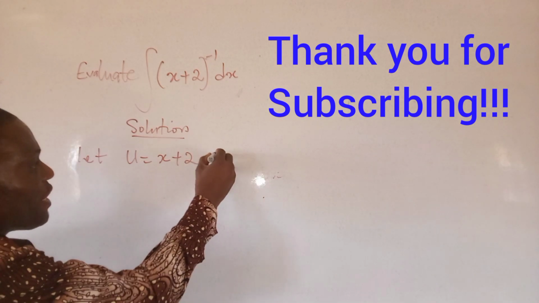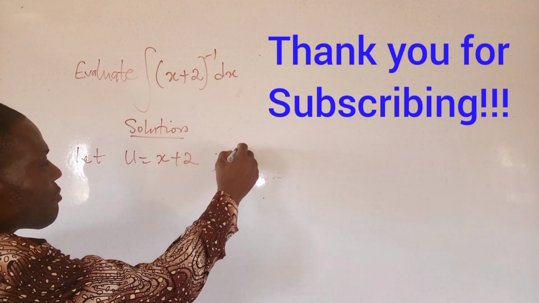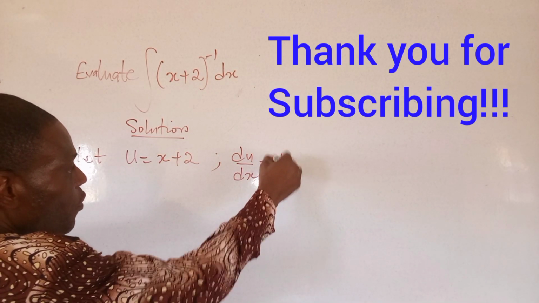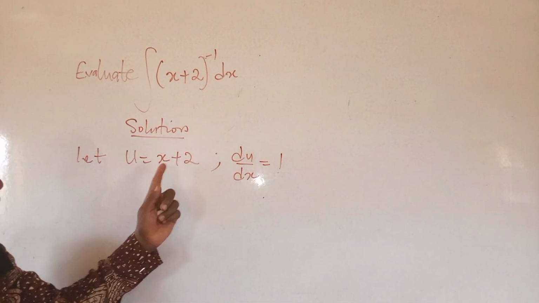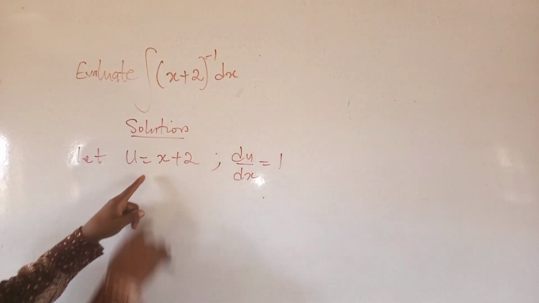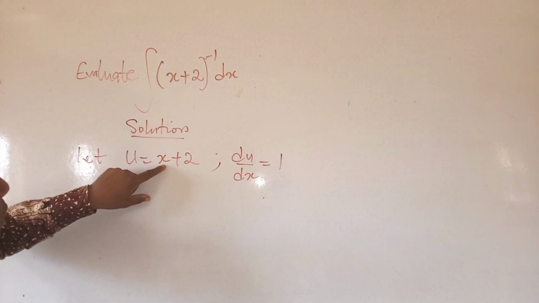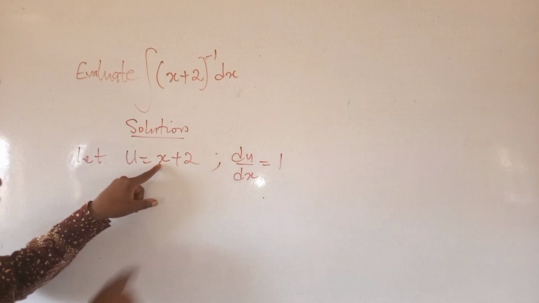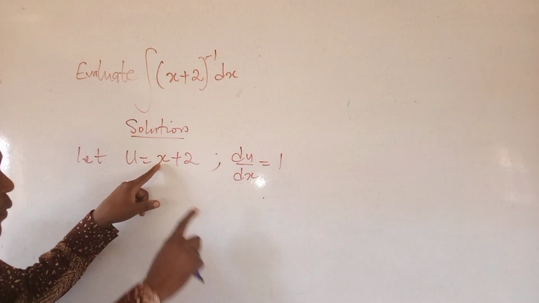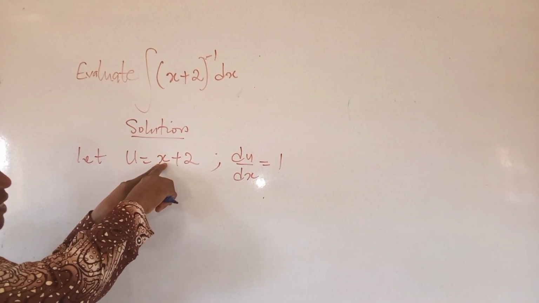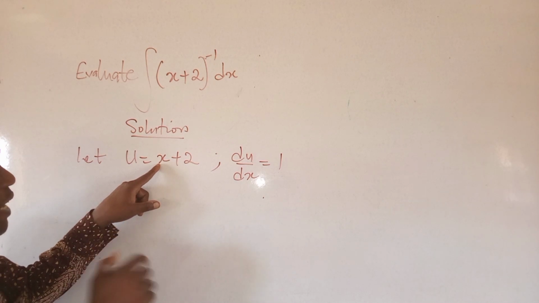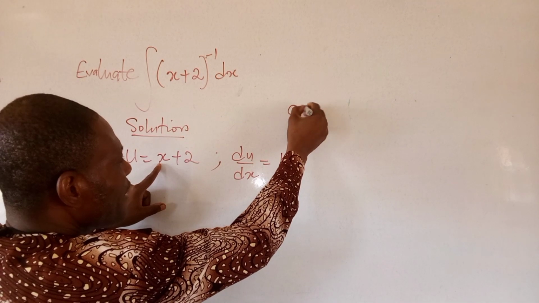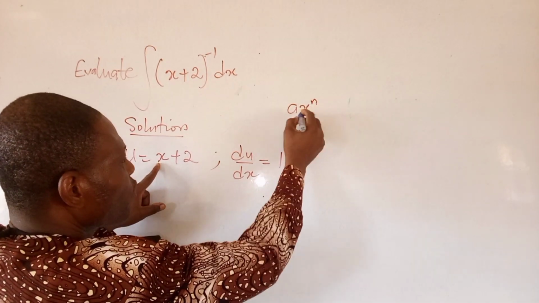So if I differentiate this, I'm going to have du over dx equals just 1. And you'll be wondering, how did I get the value of 1? Using the rules of differentiation, differentiating a constant will give you 0, differentiating x will give you just 1, because I am using the rule for a x^n.